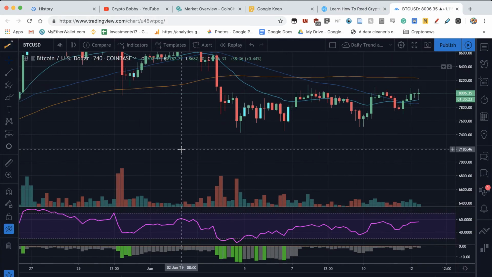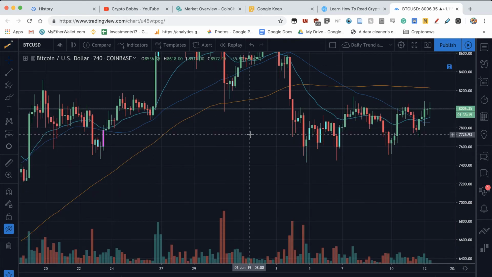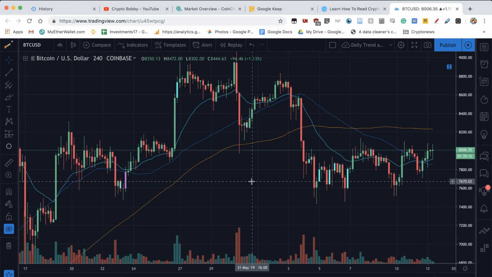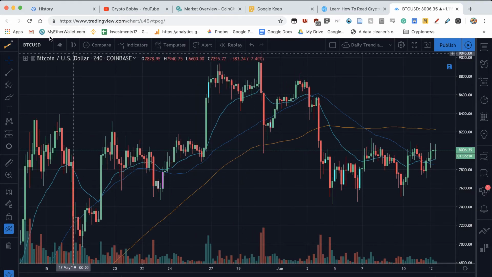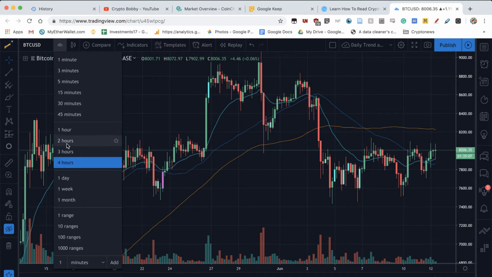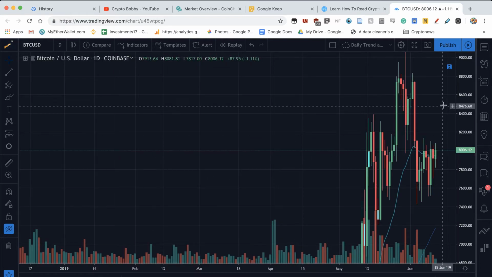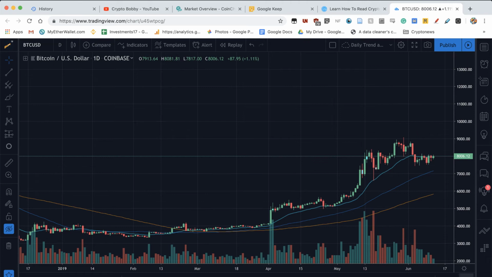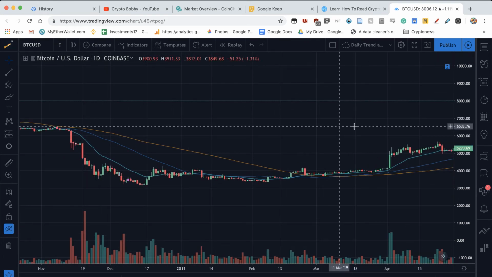If we go to our chart, we can look for different support and resistance lines, and maybe this will help you draw them in on your own. What I like to do is go on the daily time frame and look for some support levels that we might have.